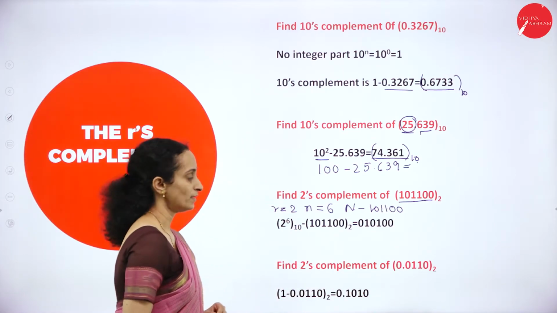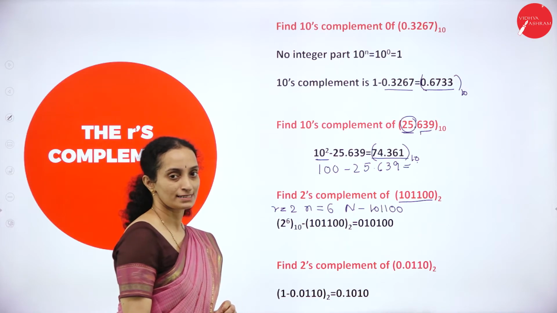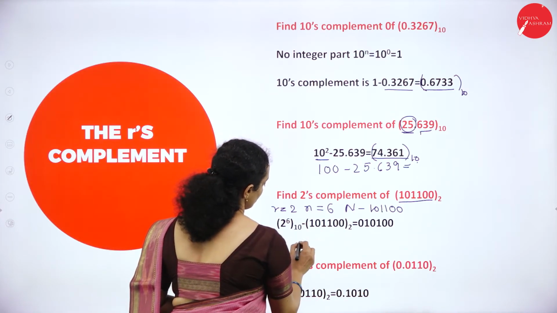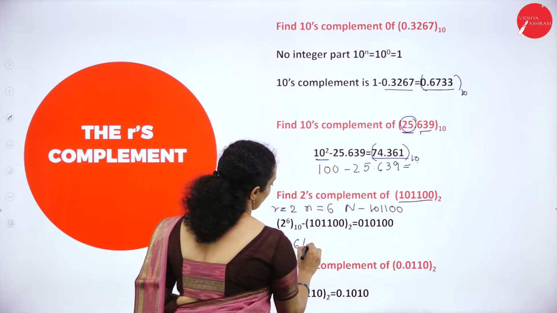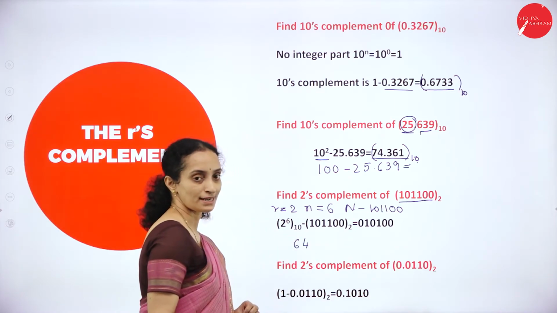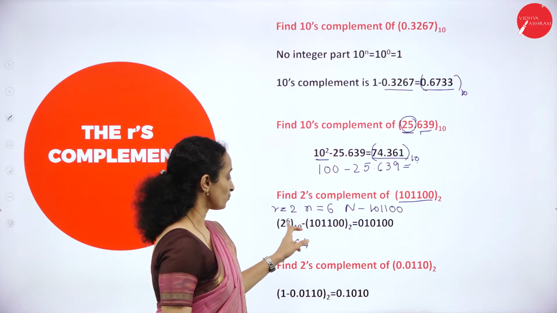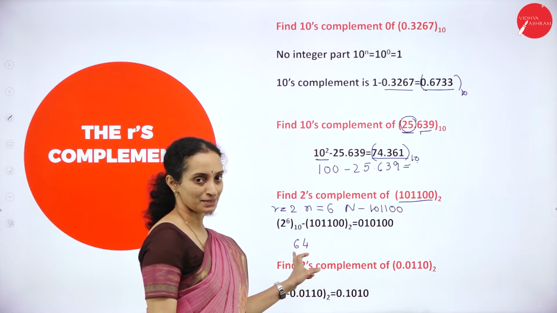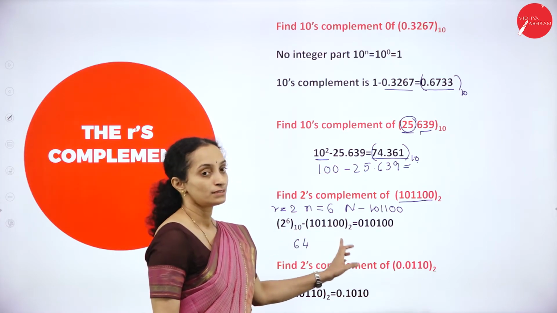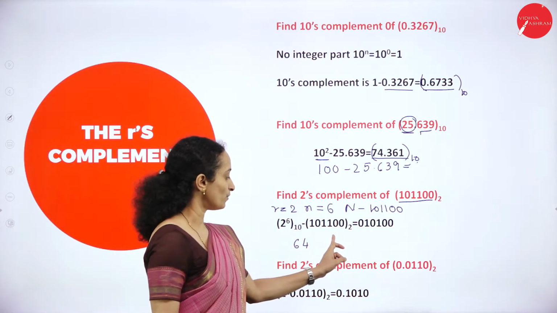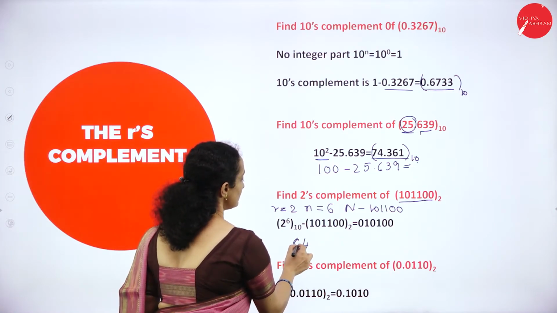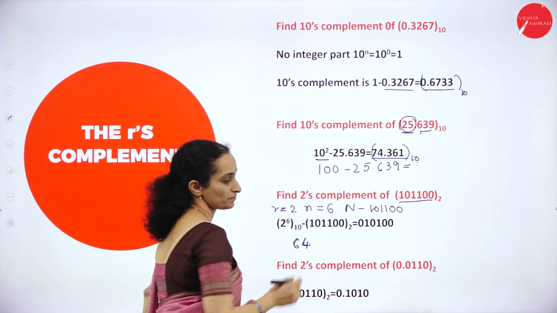So 2 to the power of 6 is 64, which is represented in the decimal system, but subtraction must be carried out in binary. So 2 to the power of 6 is 64.